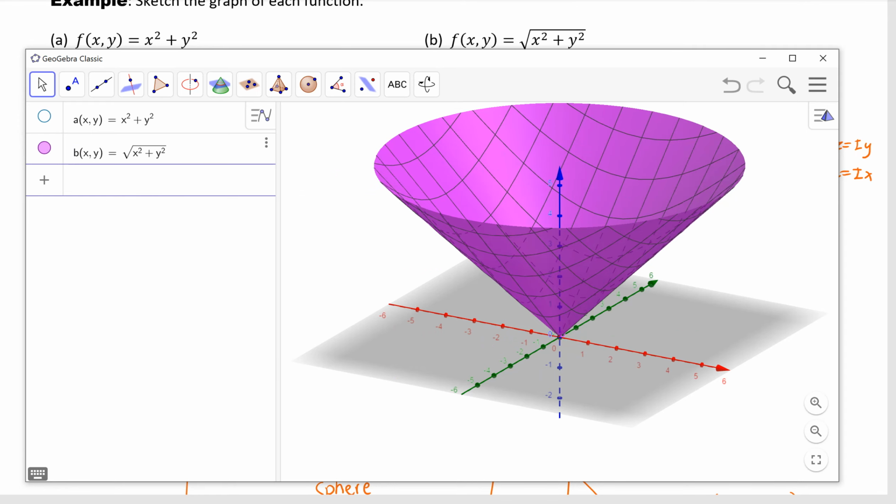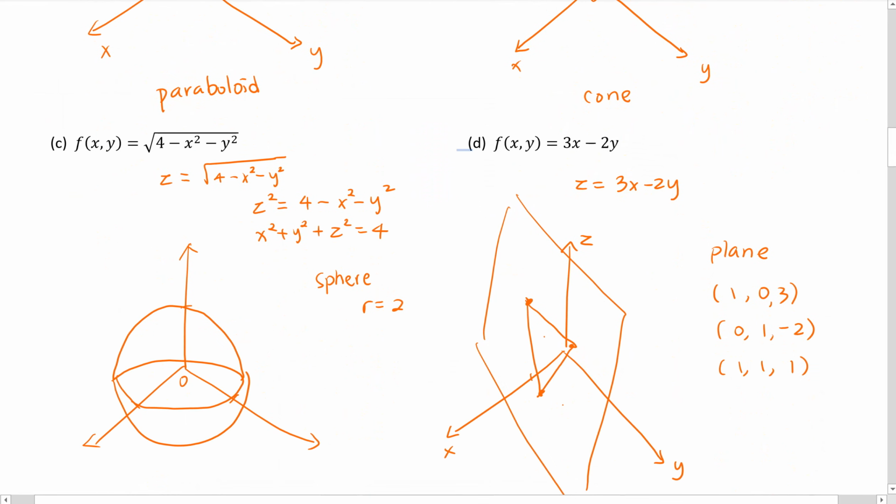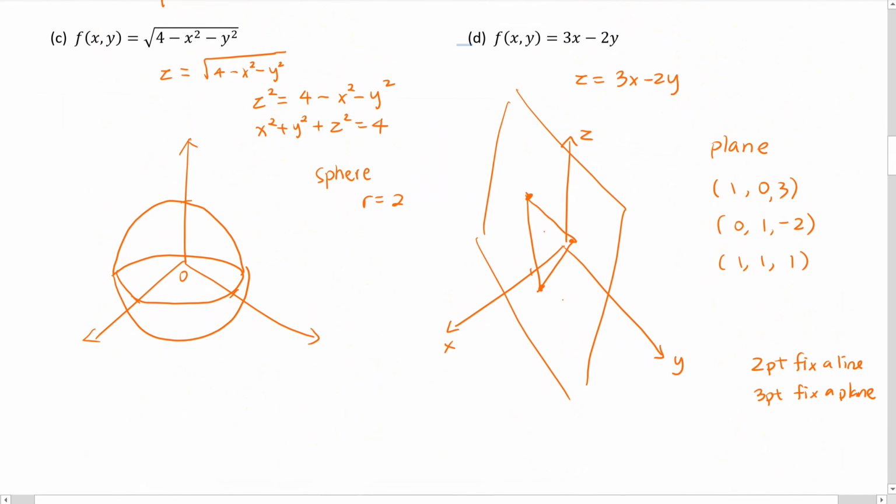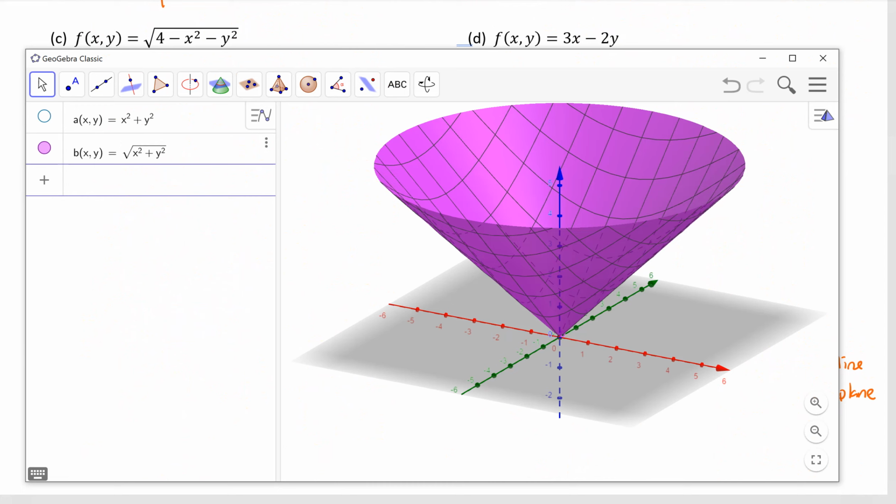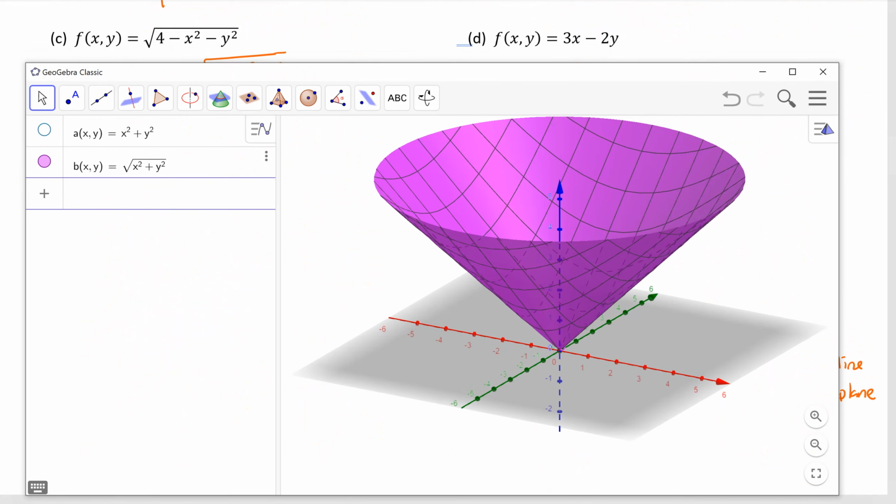And how about the next one? Okay. Next one is a square root. Enter. And then 4 minus x squared minus y squared. You see?